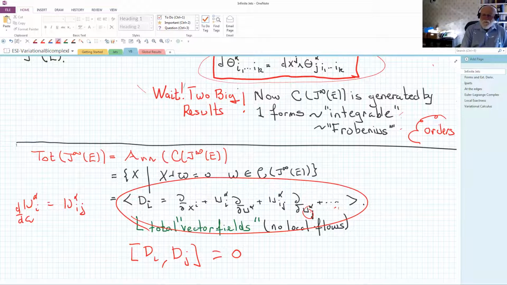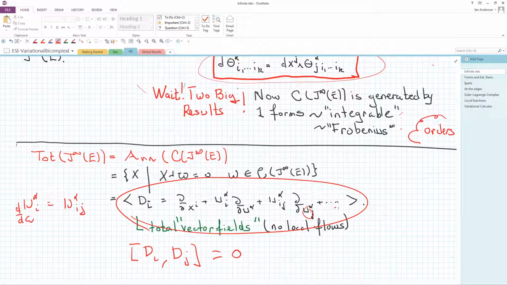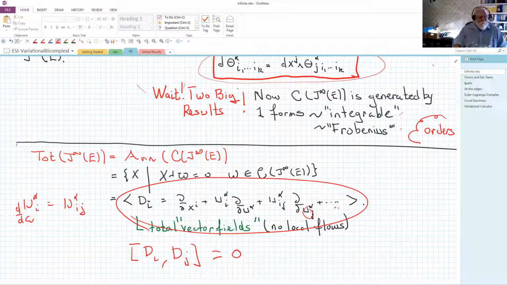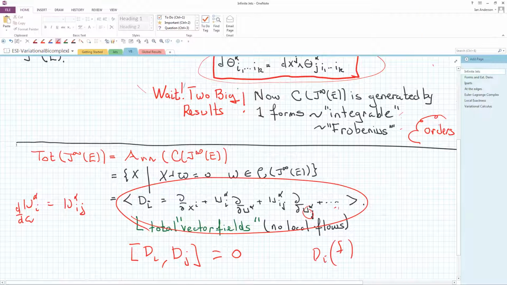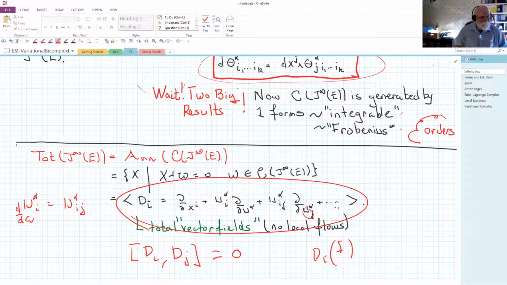So it never closes up. You can't write down a finite dimensional set of ODEs for calculating the flow. That's all I wanted to say. Okay. Is it correct to say that you can't integrate this distribution in terms of local functions? Well, I can certainly say that if D_i of f is, I'll come back to that in a minute, okay? That's going to show up later on.